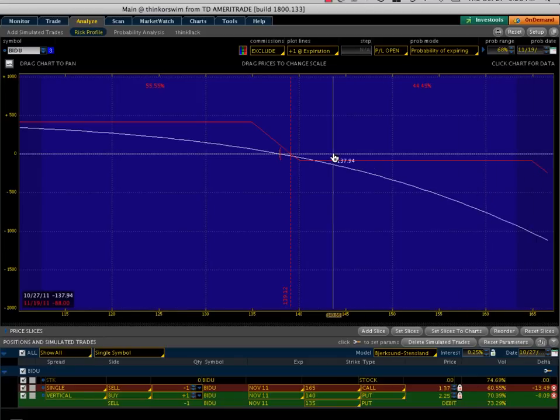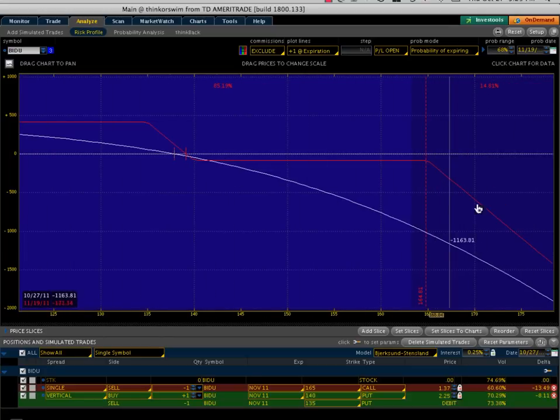And first of all, what you can see here is the probability of success for being at break even or better on this trade is 55.5%. Probability of being at break even or worse is 45% roughly. If you switch that over here, 164.88 is where my $88 capped losses, defined risk, ends, and it in turn becomes theoretically unlimited losses because I'm short that naked call.